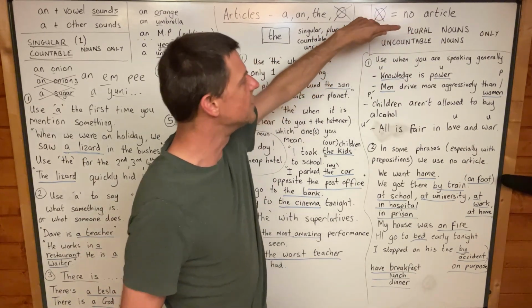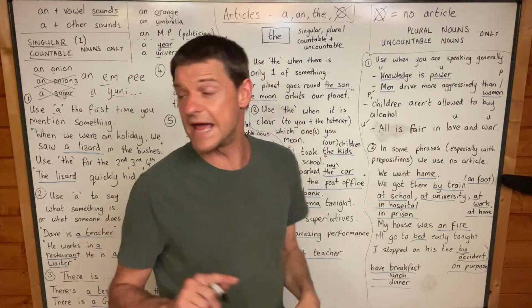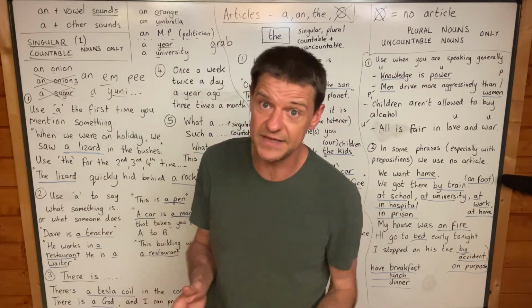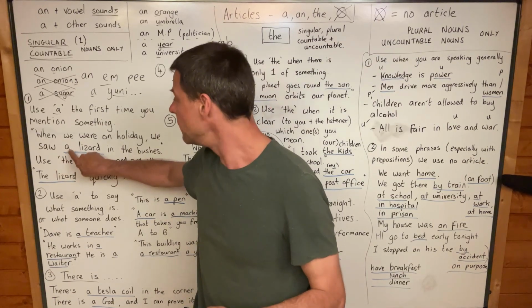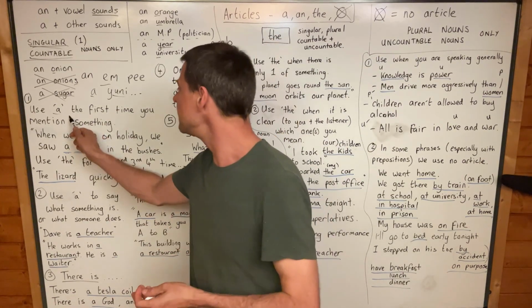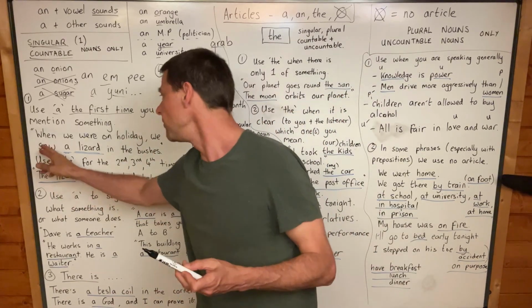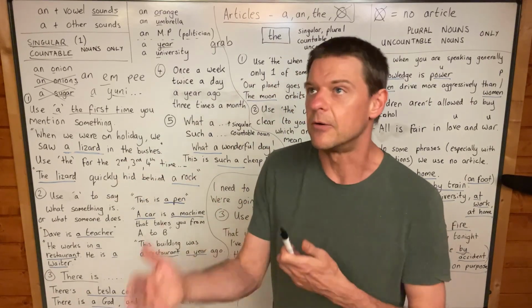It's only for plural nouns and uncountable nouns, no article. So lizard is countable and singular, so it must have an a or a the. But we're going to use an a because it's the first time I've told you about this lizard. So when we were on holiday, we saw a lizard in the bushes.